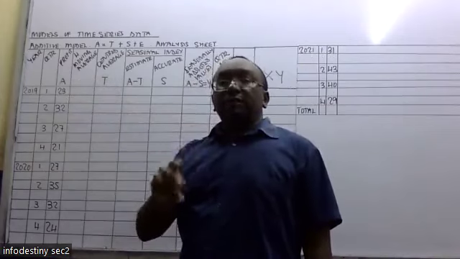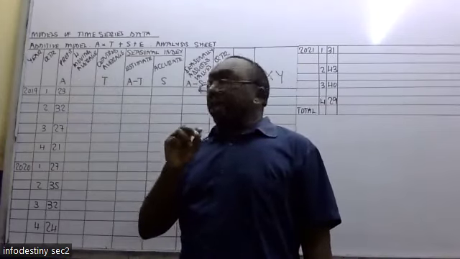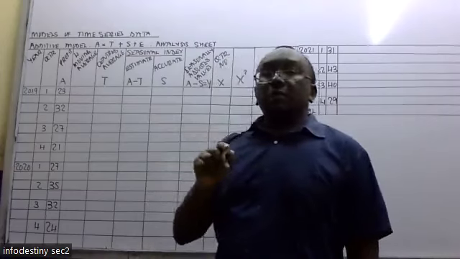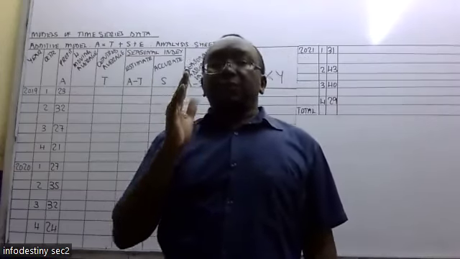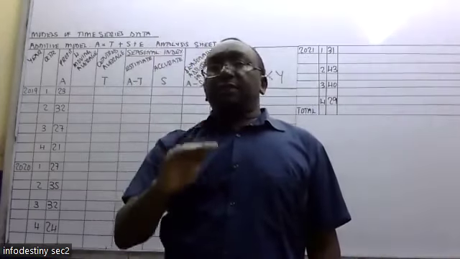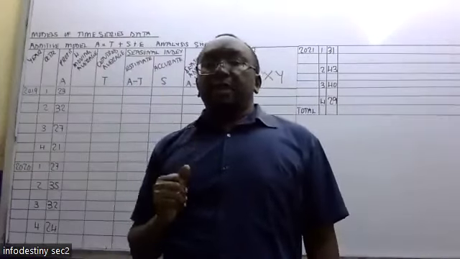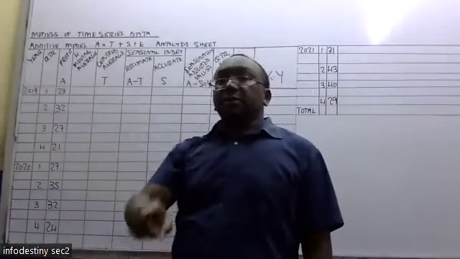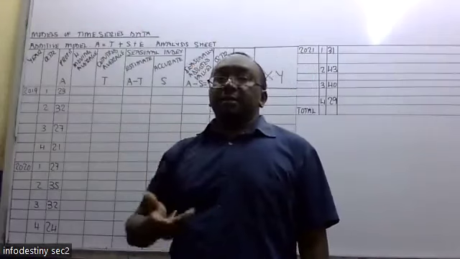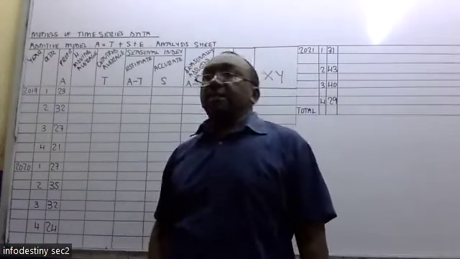We add them, we divide by 4. Just like yesterday when we were doing 3 moving, we were picking 3 and divide by 3. If you are told to do 5, you pick the first 5, add them, divide by 5. If you are told to do 7 moving, you pick 7 values, add them, divide by 7. Yeah, so it's as simple as that.